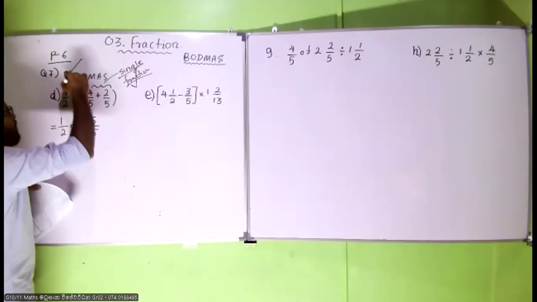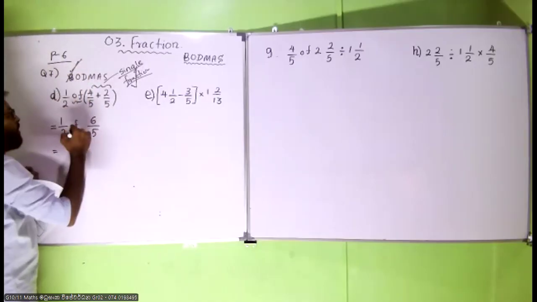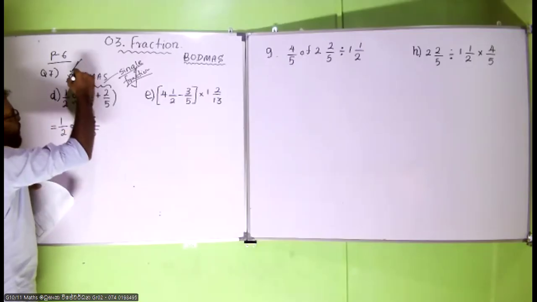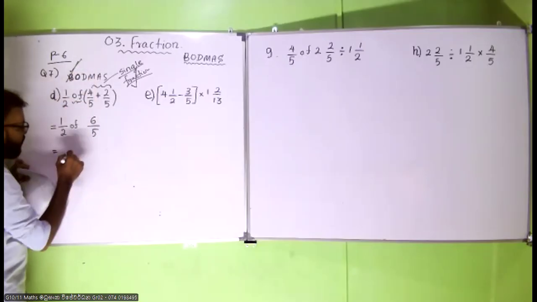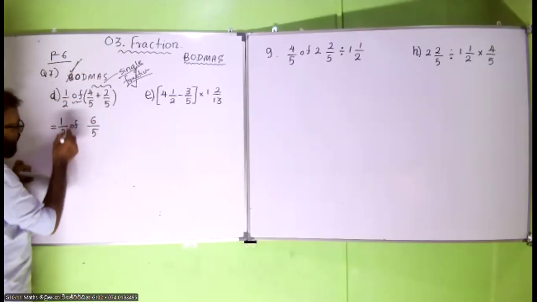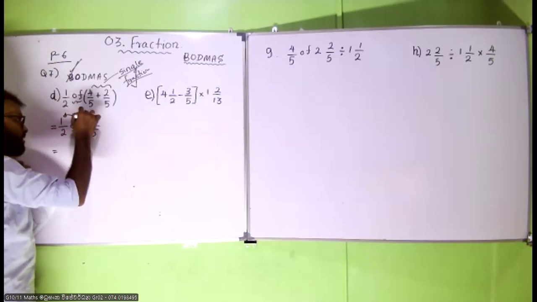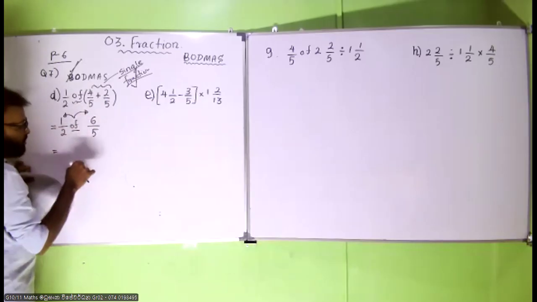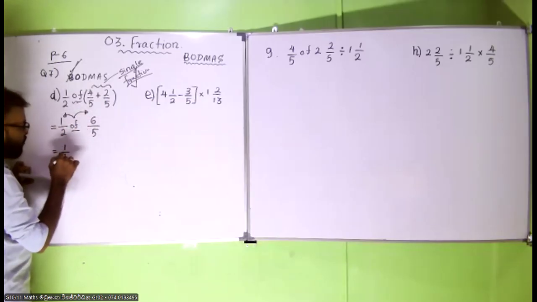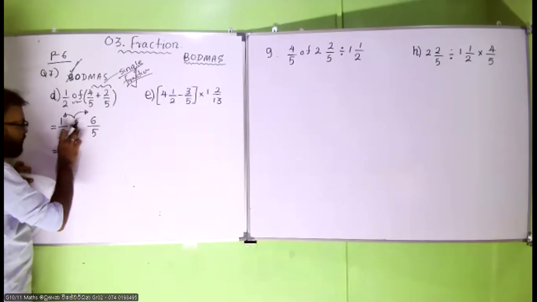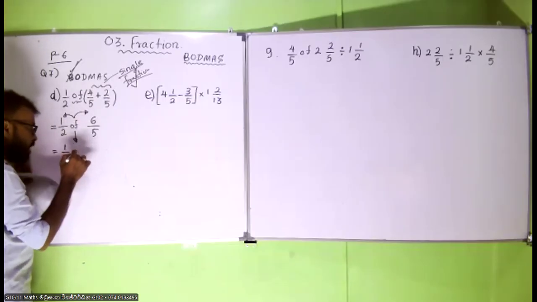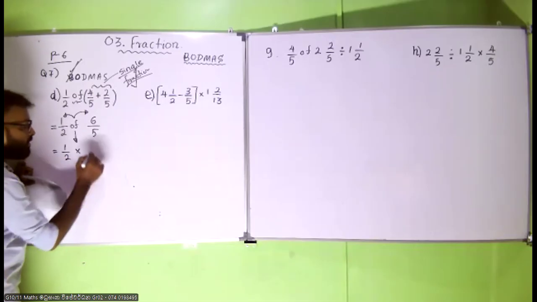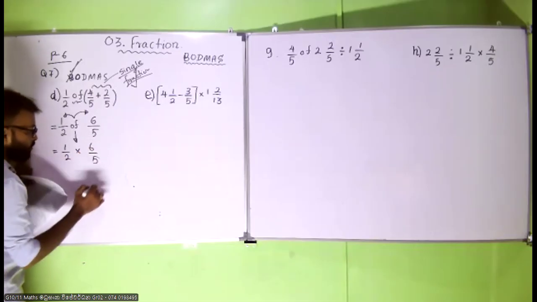Now B is done. Now do we have O, of? Yes. So we are going to do these two fractions. Left hand side fraction of this word of, right hand side fraction. Only these two fractions we have to do. The meaning of 'of' is you have to multiply these two together. 6 upon 5.